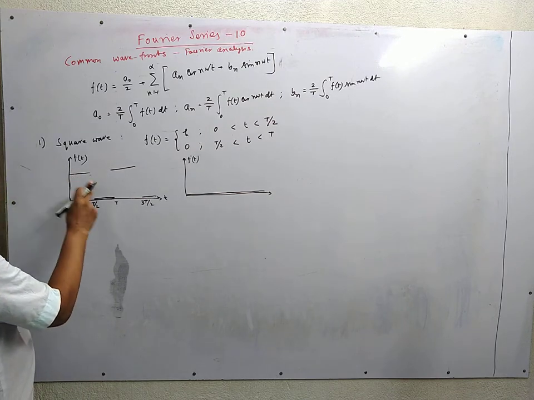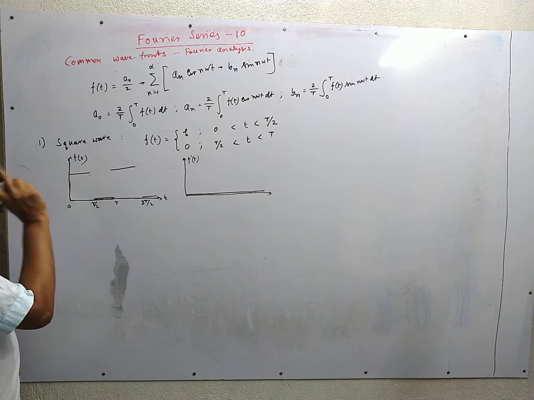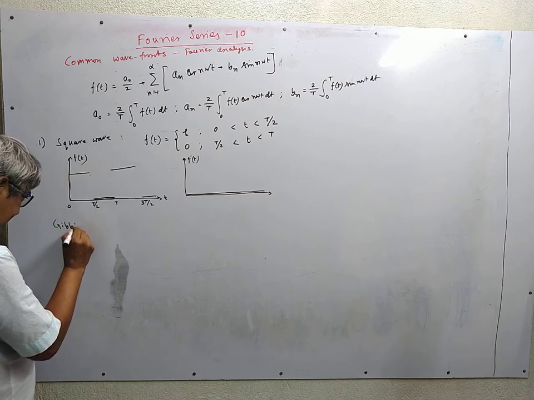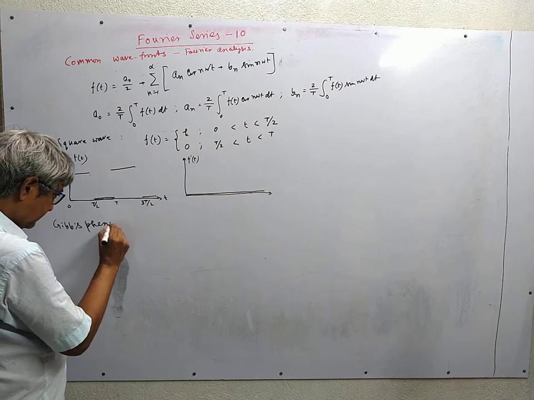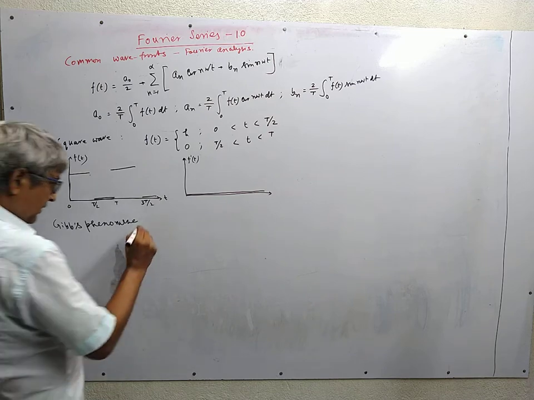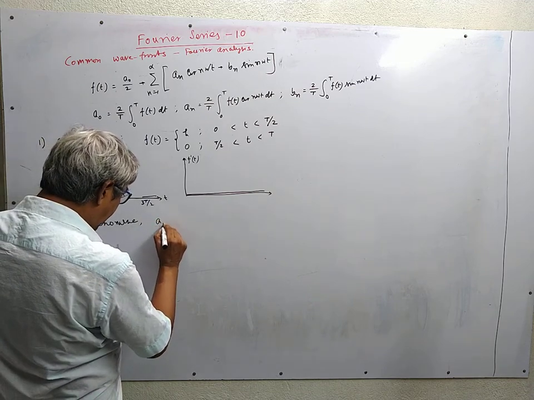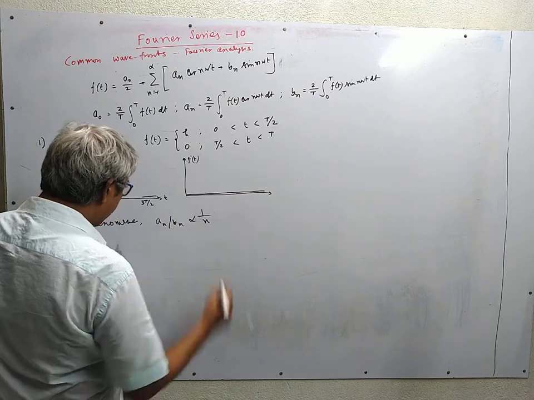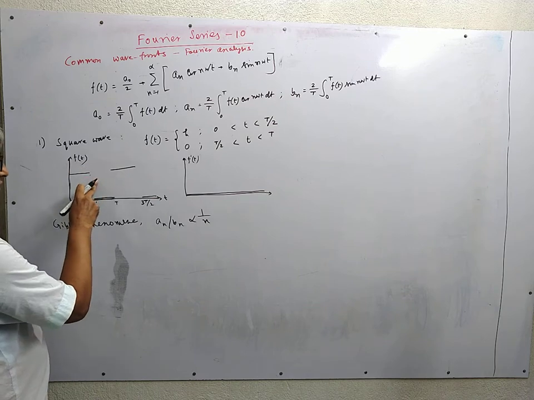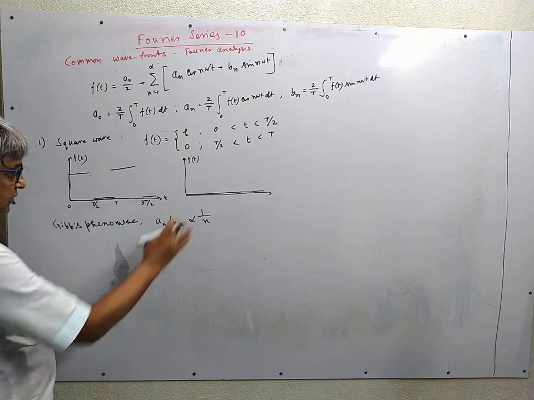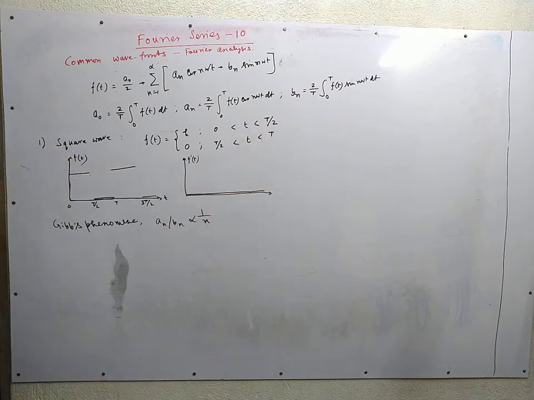Since the function has a discontinuity, the Gibbs phenomenon will be there, plus the factor that an or bn will have 1 by n dependence. This is because the function has the first discontinuity. The function itself has a discontinuity and the first derivative is continuous, so there will be no higher n dependence.